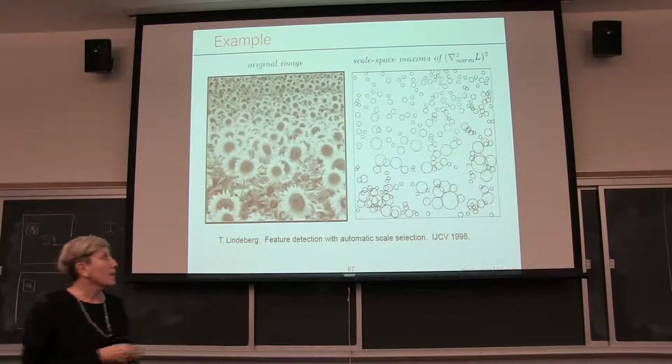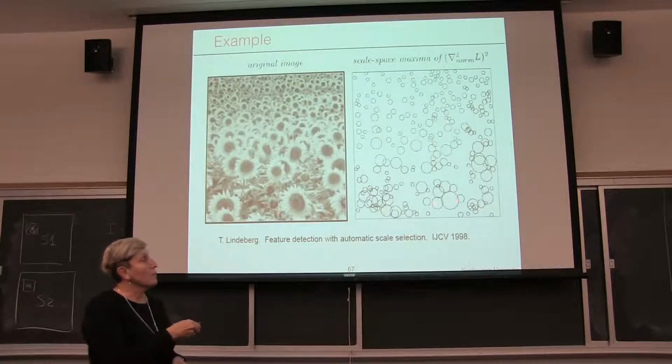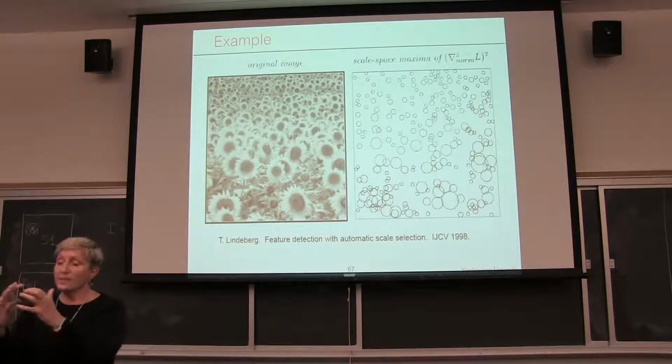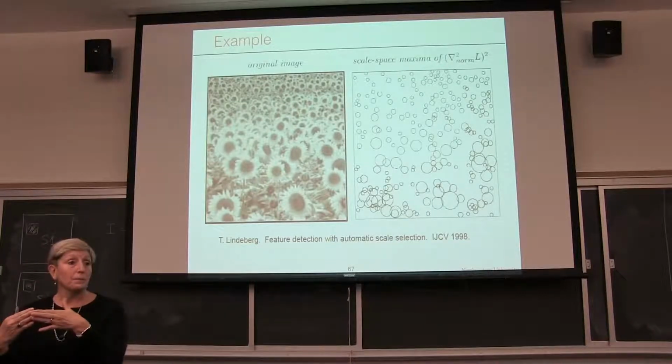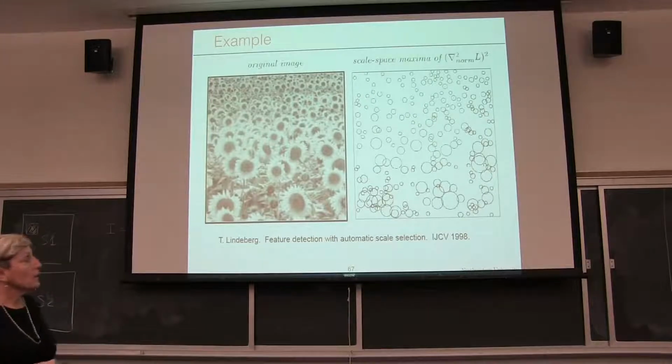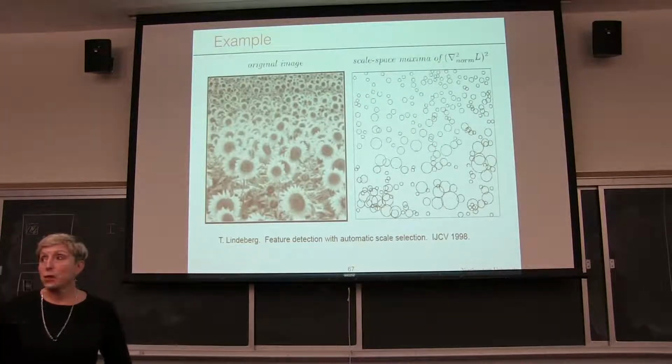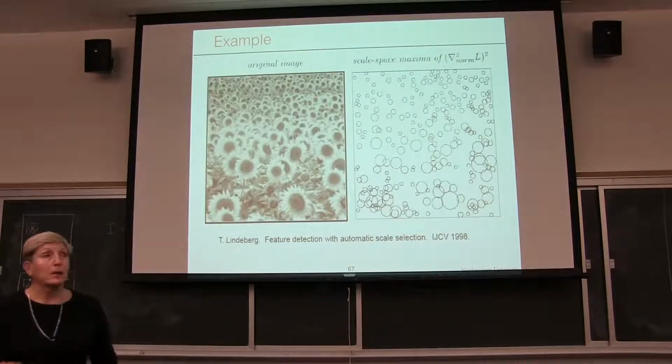You can think of this as how big my neighborhood has to be to say that there is a corner or a feature of interest there. So now you can match features in terms of space and scale.